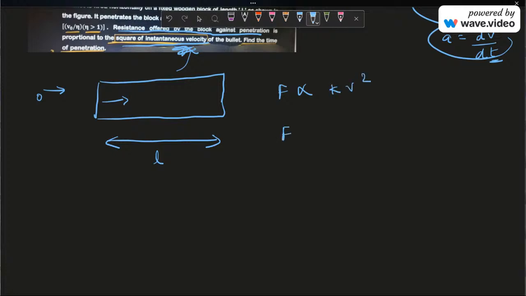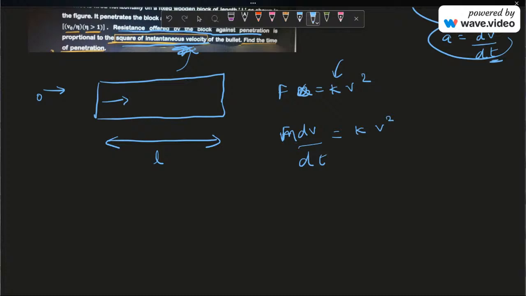Now F is m dv by dt, which is proportional to k v square. Due to this proportionality sign, we can replace the proportional sign with an equal sign: it is equal to k into v square. Now v square will come here, m into dv by dt.